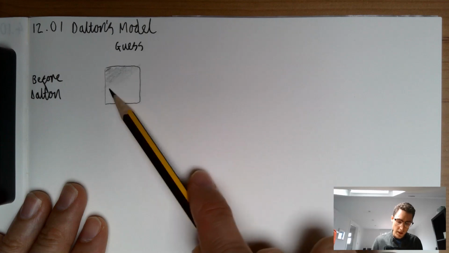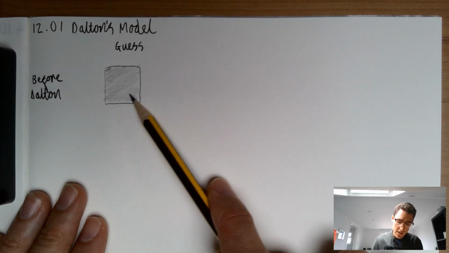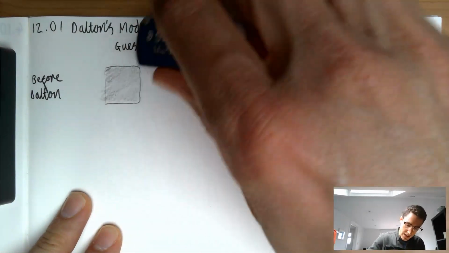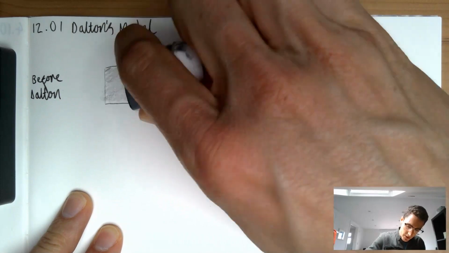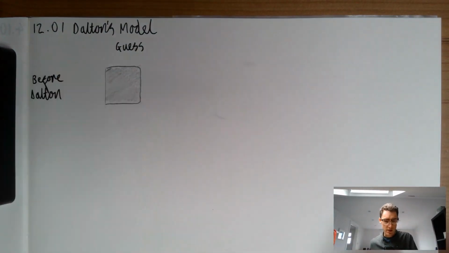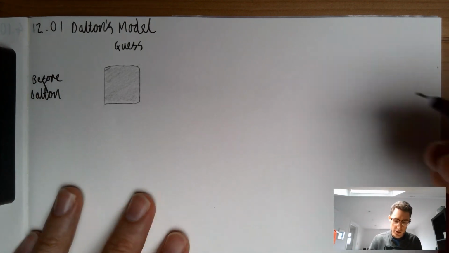And the point that you want to emphasize to students is, if we imagine this down at a very micro scale, before Dalton, scientists didn't think of that in terms of particles. They thought of it as almost like a fabric or something, this continuous stuff that kind of swirled around like that.